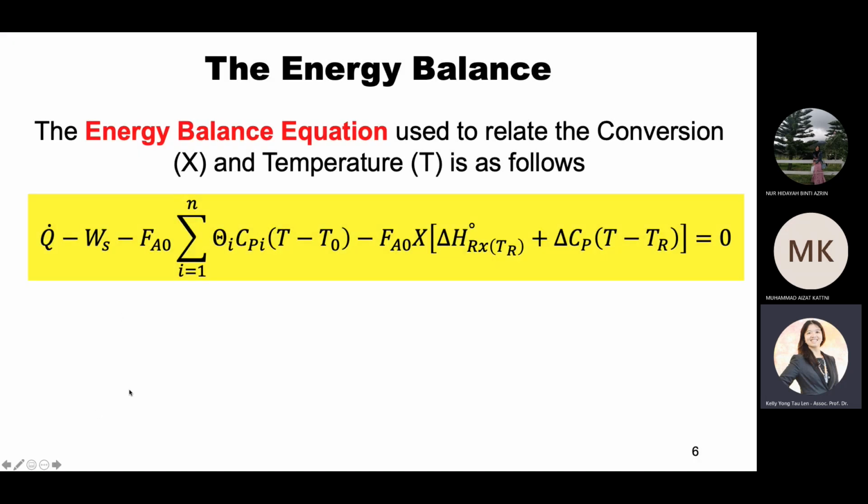Okay, dia punya pro dia, equation ni bagus sebab dia boleh cari perkaitan temperature and conversion. Kalau kamu perasan dalam equation dia ada T, ada X. So means either you tahu temperature, kita cari X, or kita tahu X, kita cari temperature. The cons dia ataupun kesusahan chapter 6 ni adalah kalau kamu perasan equation ni memang panjang.